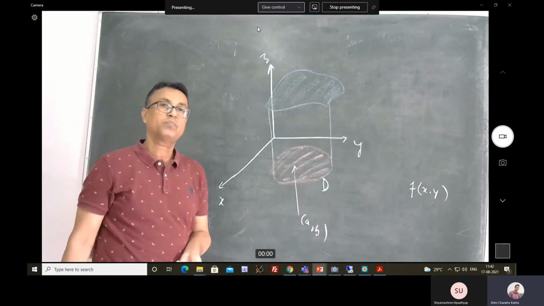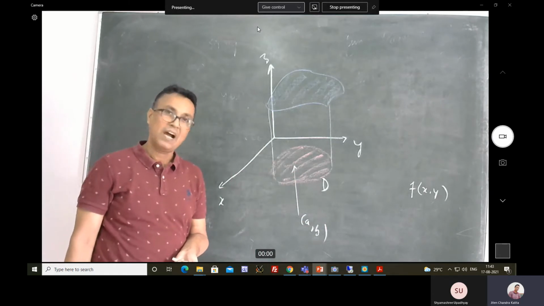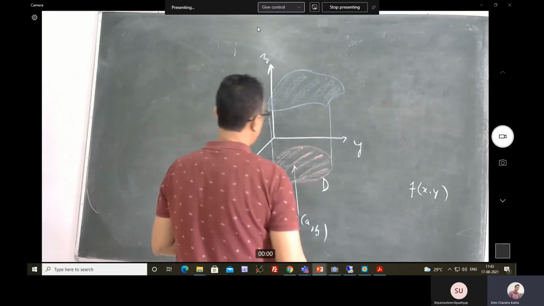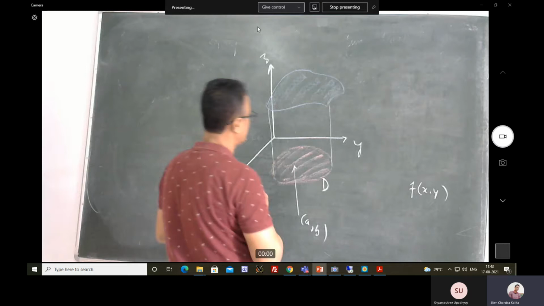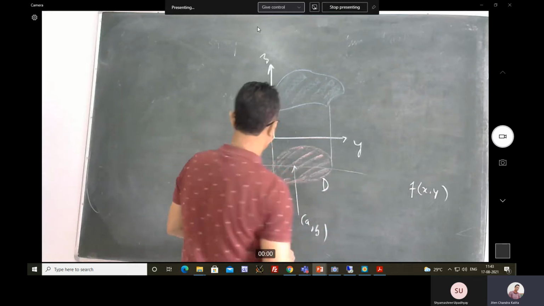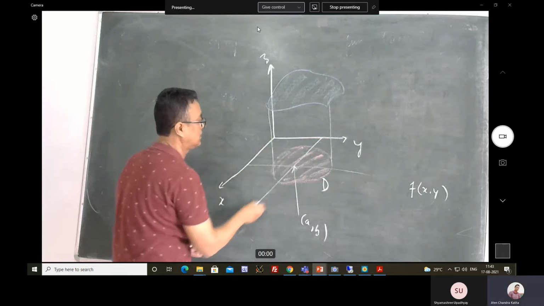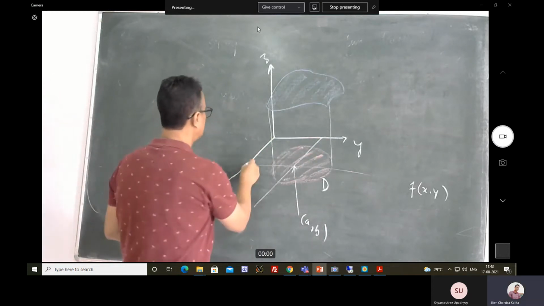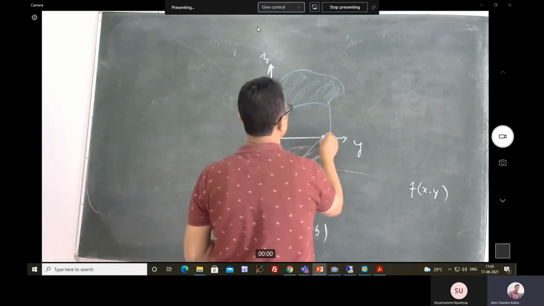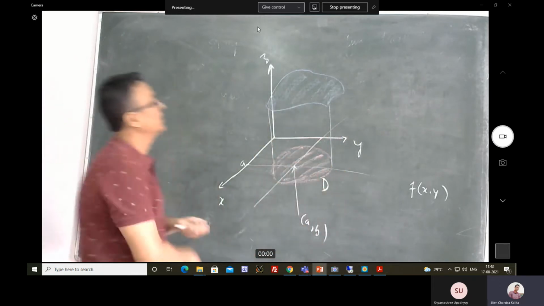Then I'll try to find the partial derivative of f with respect to x and then y at that point. So let us see what is happening out here. This is a, and this is b.